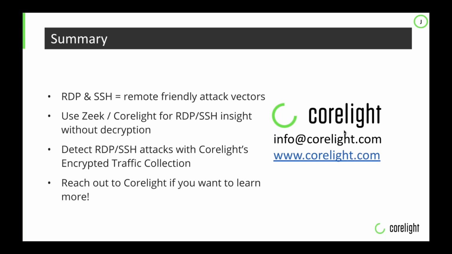Got another question here. In addition to RDP and SSH, are there other encrypted traffic protocols that Zeek can parse? Yes, so Zeek and Corelight, by extension, can parse not just RDP and SSH, but SSL traffic. So there's an SSL log that gets generated. Kerberos traffic, another encrypted protocol, is another example.